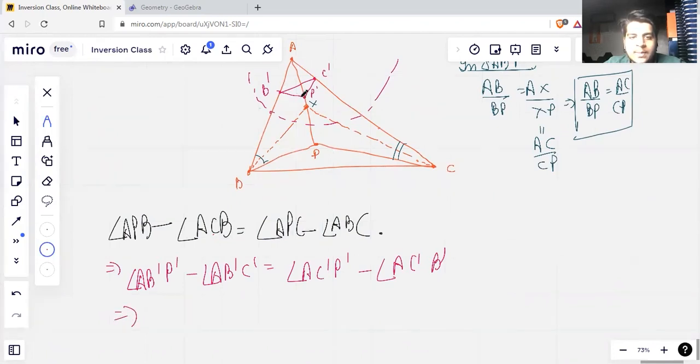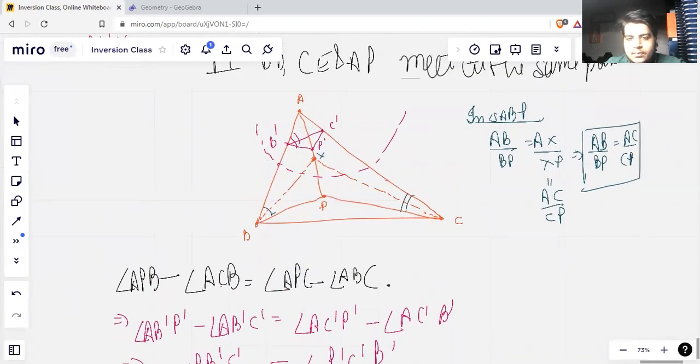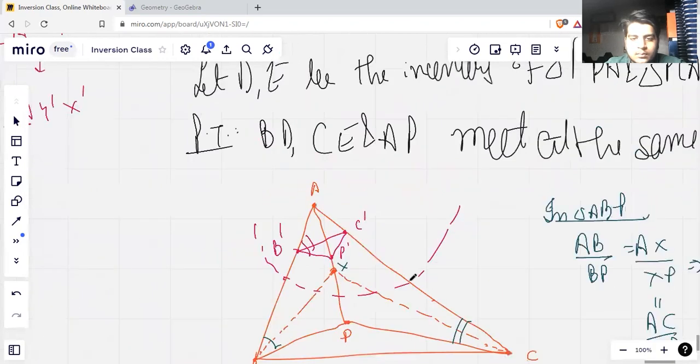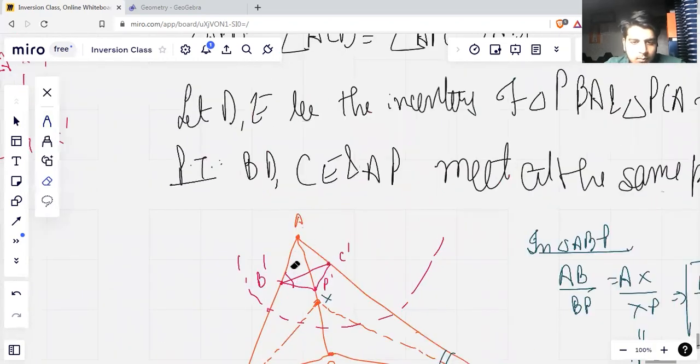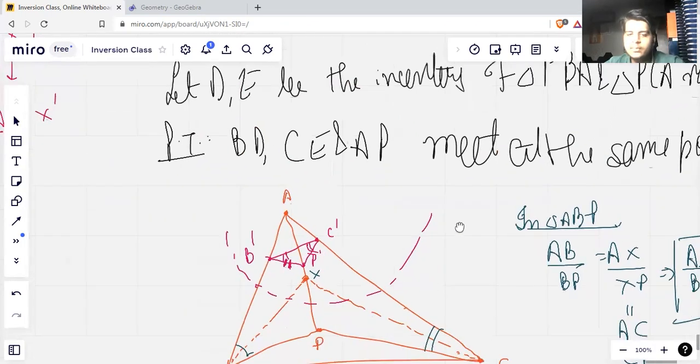Now angle AB dash P dash minus angle AB dash C dash is just this thing minus this thing. This is just angle P dash B dash C dash, and this is equal to angle P dash C dash B dash. So what we got is these two angles are equal. So this thing and this thing is equal, right?